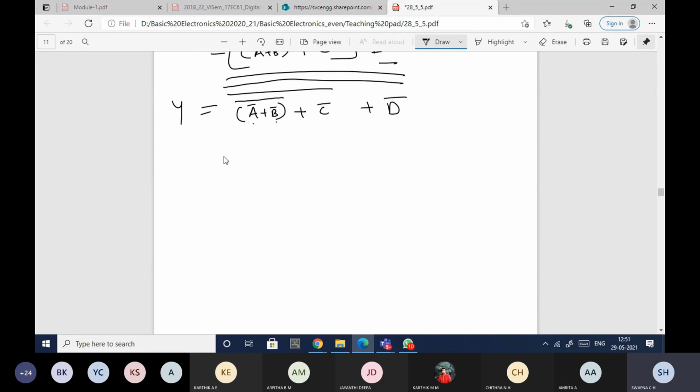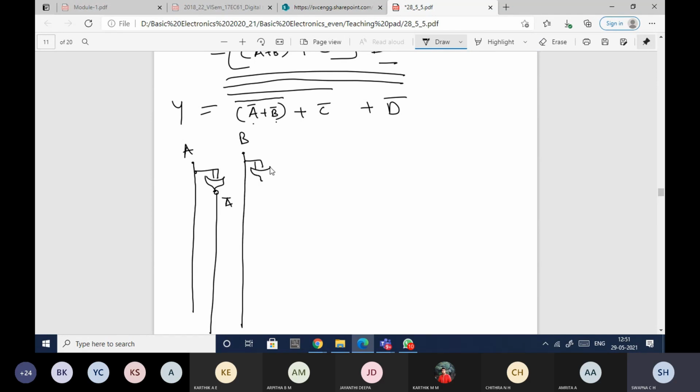Okay, so now let us see here. I need to get A bar first. So this is my A bar using NOR. Next, this is my B. I need to get B bar. So this is my B bar. Okay, so first I have to get this one, A bar plus B bar whole bar.